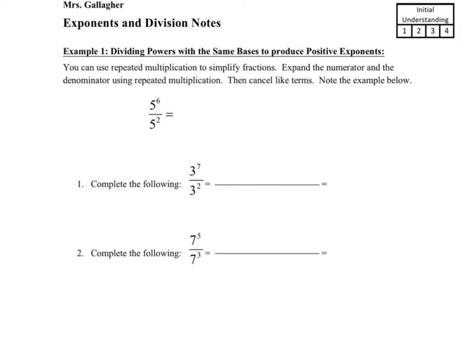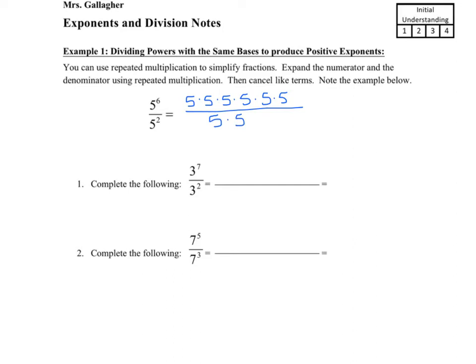5 to the 6th power divided by 5 to the 2nd power. Let's first expand that. So 5 to the 6th power means 5 times 5 times 5 times 5 times 5 times 5. Okay, you have six 5s over 5 to the 2nd power, 5 times 5.